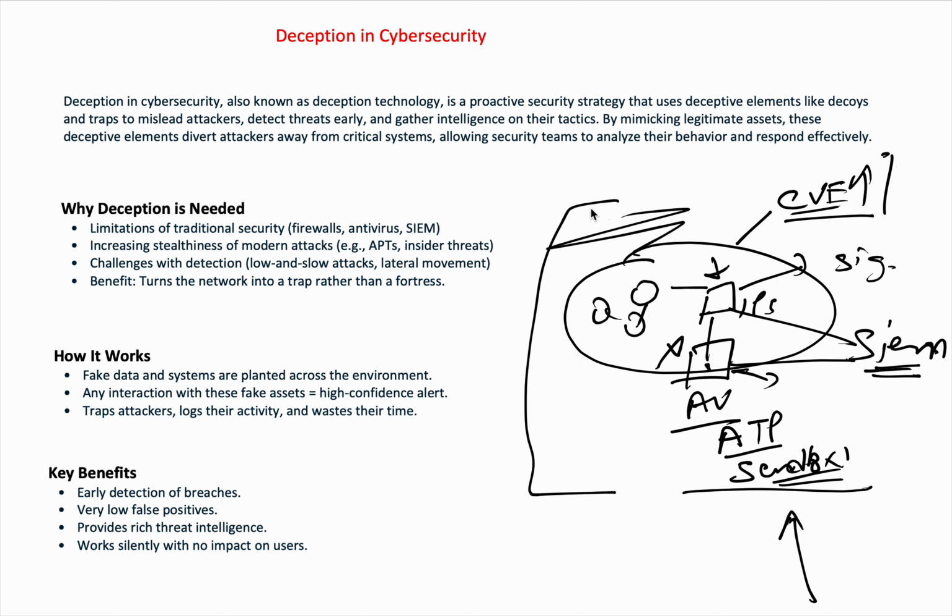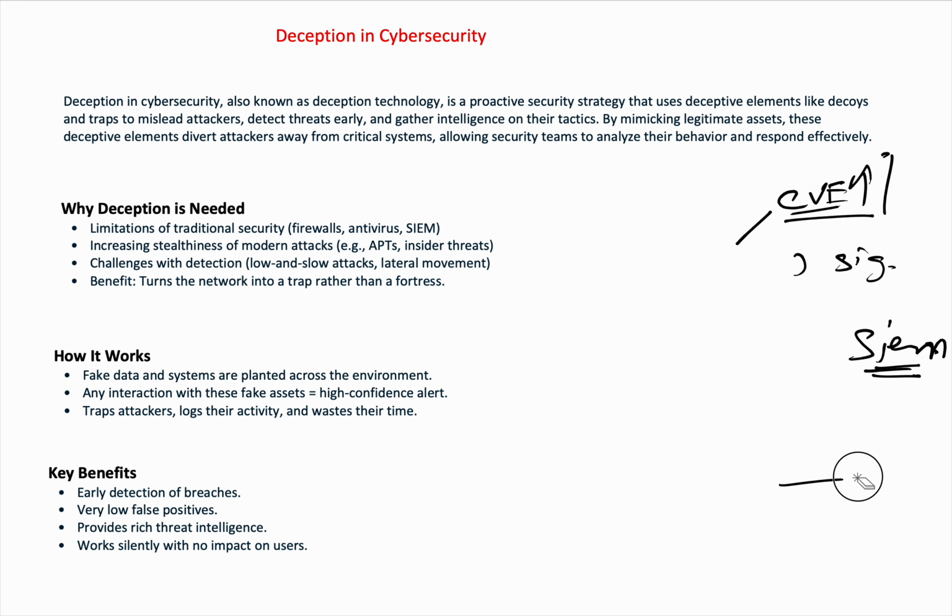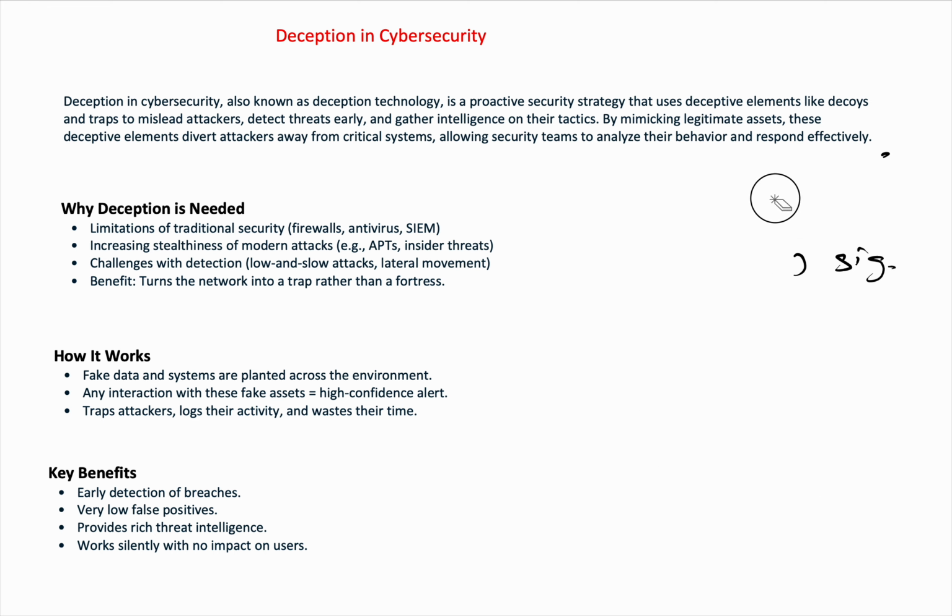So now we are moving on to a different type of protection called deception. Let's get into the term and understand what exactly deception is. It is exactly like the name suggests, to deceive somebody.